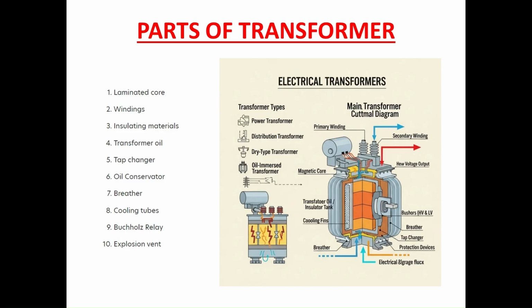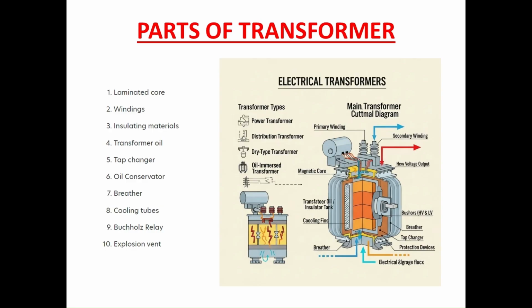primary voltage. And the oil conservator: as I said, in the main tank body we have the core and winding, and the insulating oil also plays a part in cooling the heated winding. When it is getting heated, the oil circulates through the conservator tank, as shown in the picture, and again comes down to the main tank.